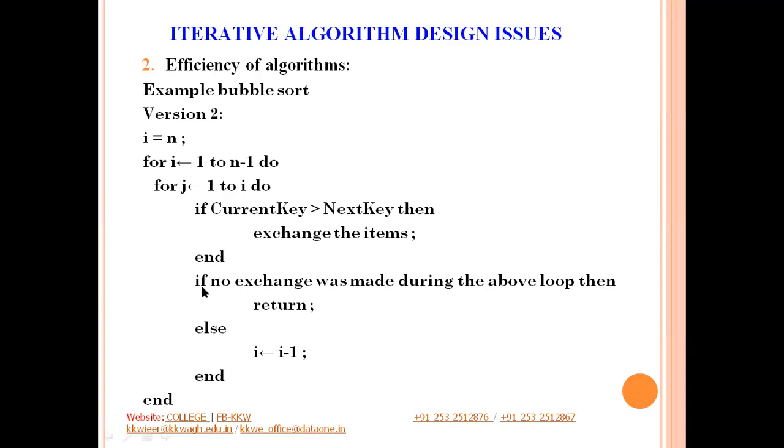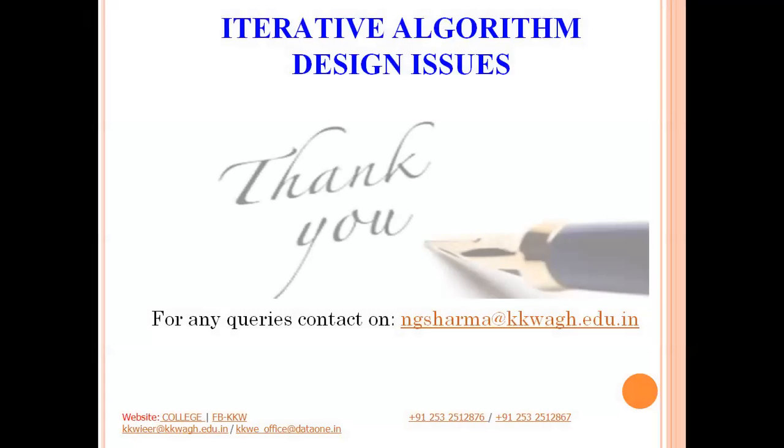Just by making this simple change in the code, the algorithm becomes much more efficient because it is capable of handling a situation wherein the input given to us is already sorted. So this is the fourth way of improving the efficiency of algorithms.